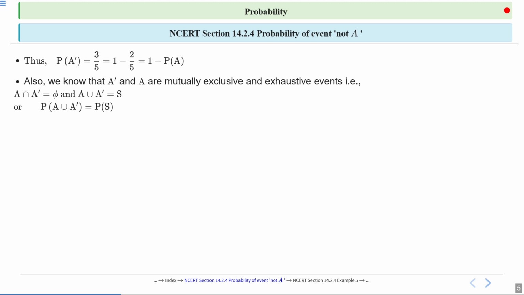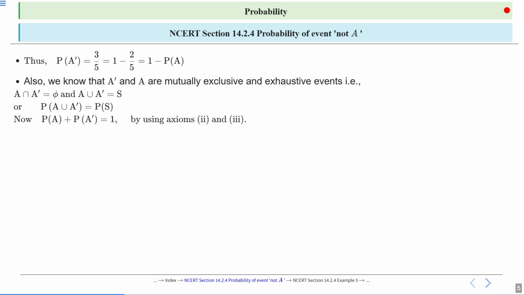Or we can write probability of A union A complement is equal to probability of sample space S. Since A union A complement is sample space S, probability of A union A complement is equal to probability of S. Clear? Now use axioms 2 and 3. In axiom 2, we have seen that the sum of the probability of each outcome is always 1.